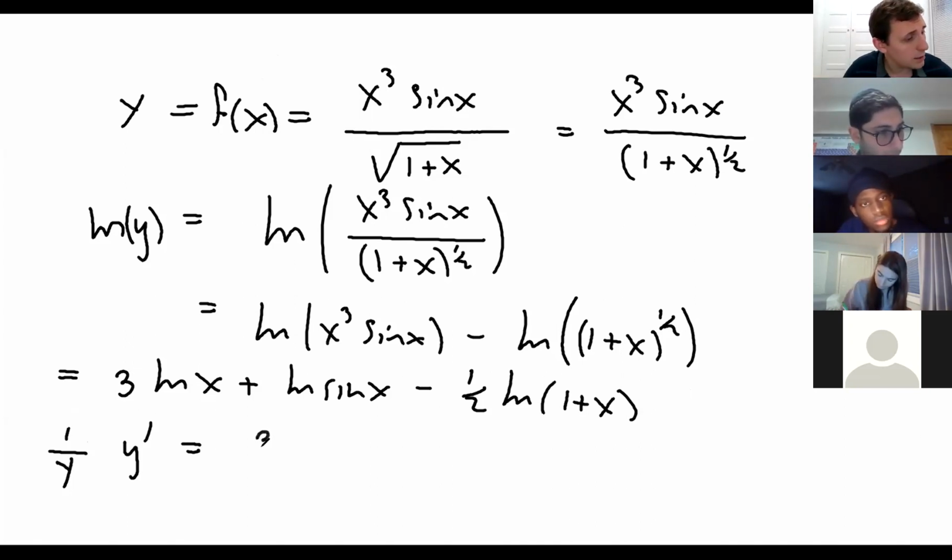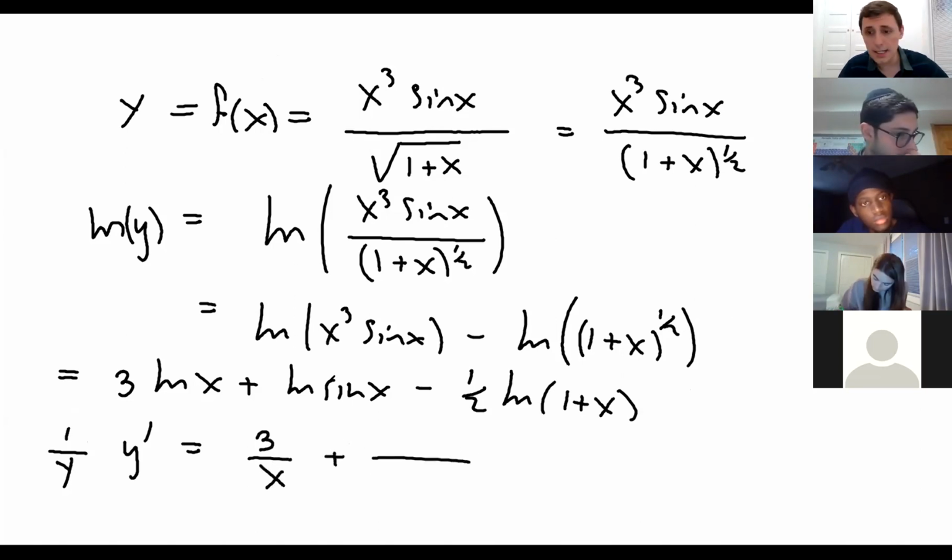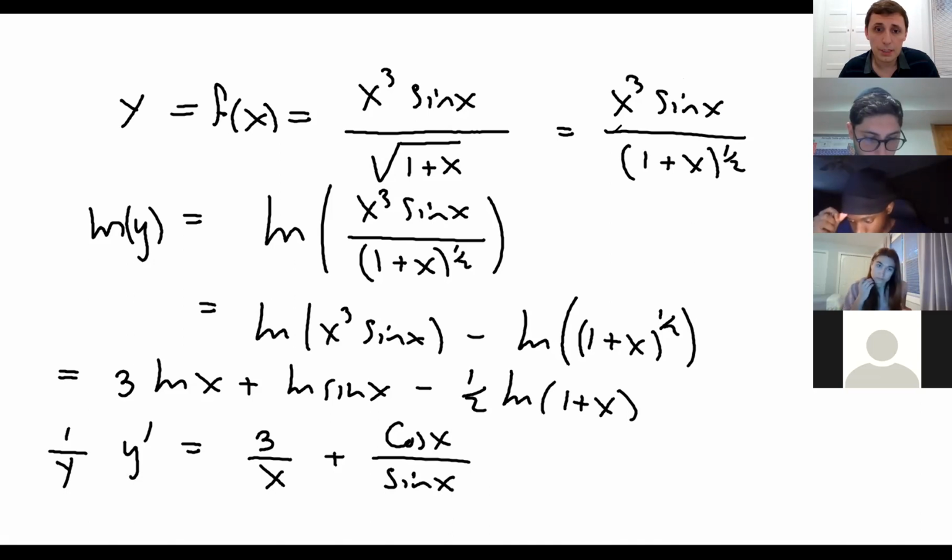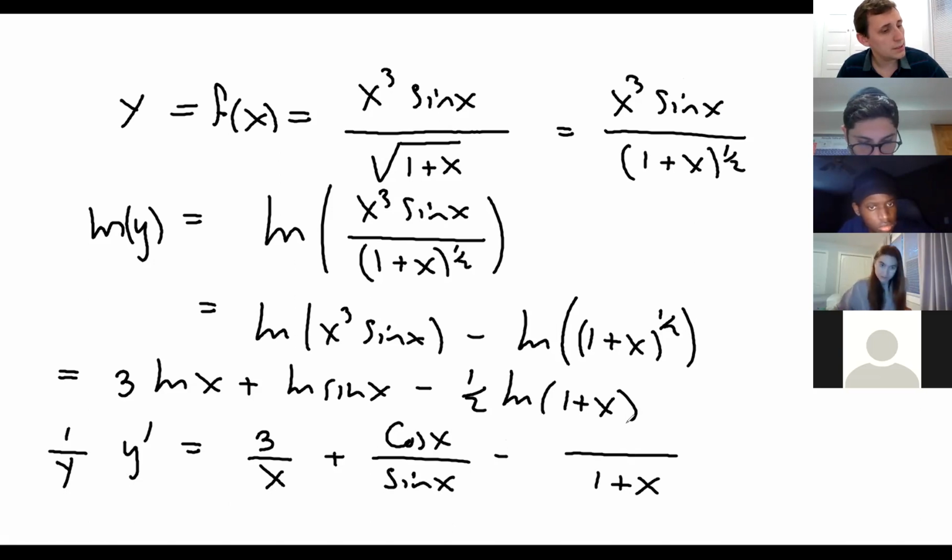I get 3 over x plus the derivative of ln sine x, which will be sine x on the bottom, cosine on the top. Yes? Minus the derivative of ln of 1 plus x, which is 1 over 1 plus x, and then there's this 1/2.